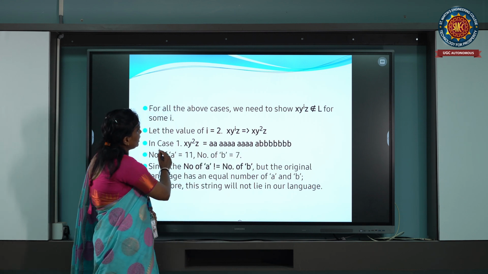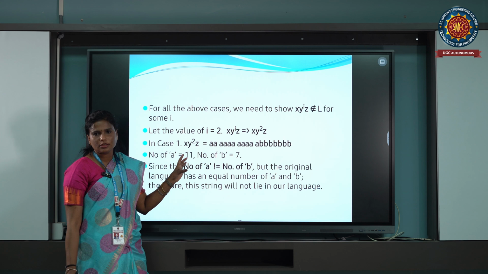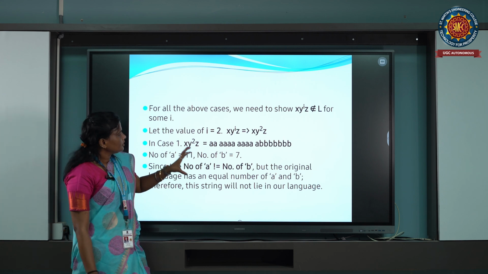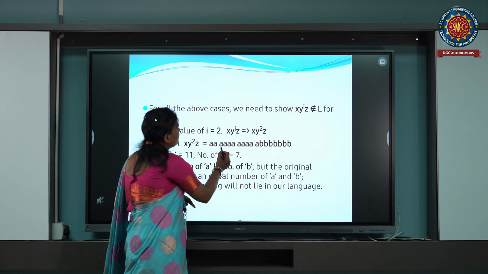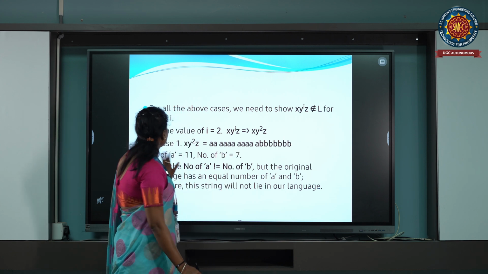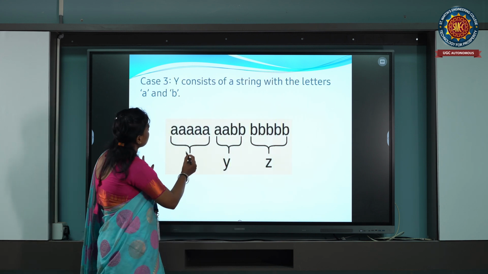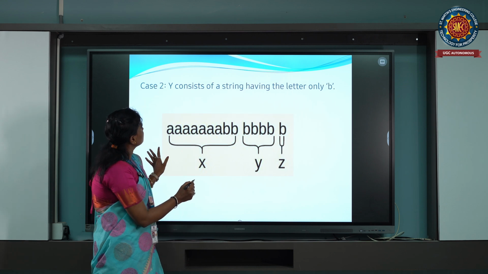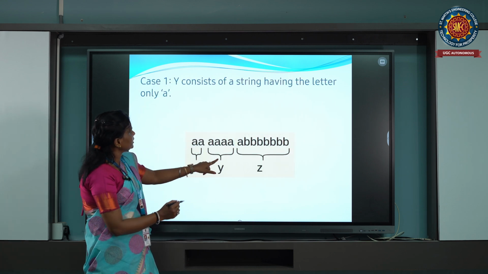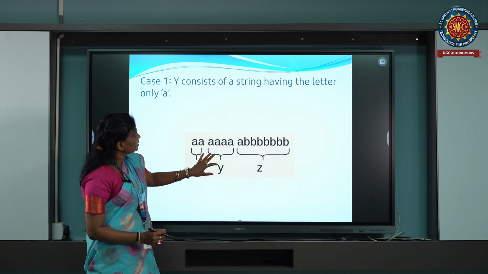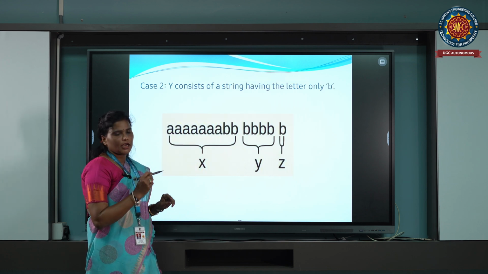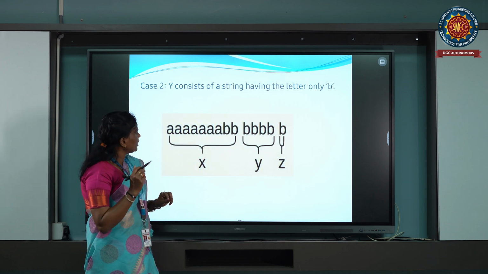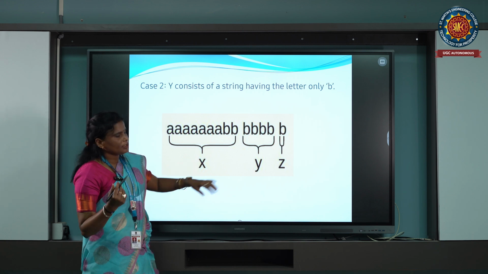So in the first case I am taking all the symbols as a, that is, I am taking 4 a's here. If i equals 2, then that a should be doubled.